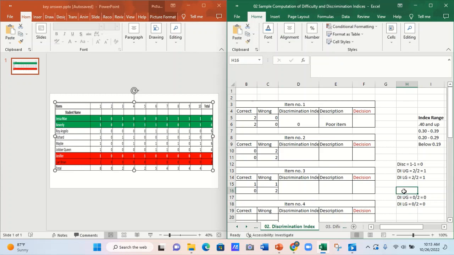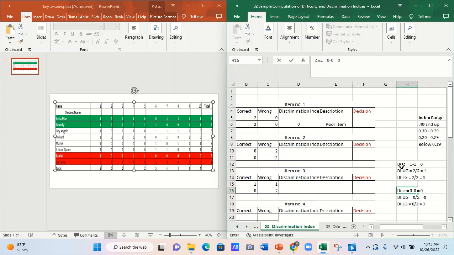Now for the discrimination index of item number 2, the difficulty index of the upper group is 0 minus the lower group 0, equals 0.